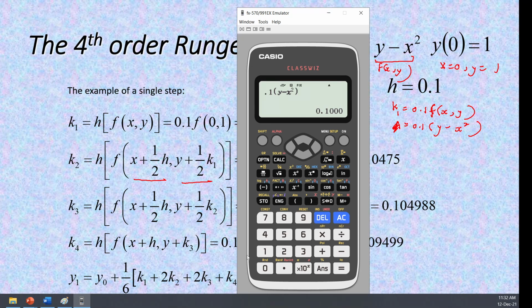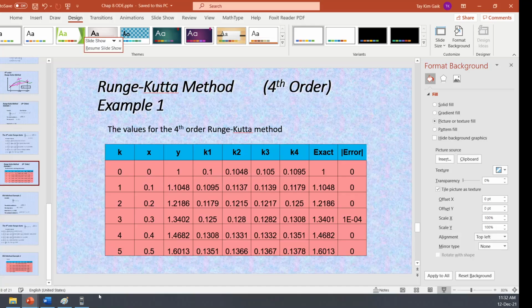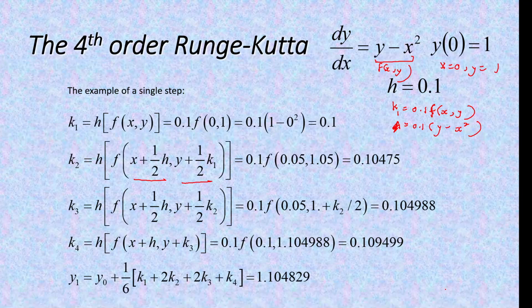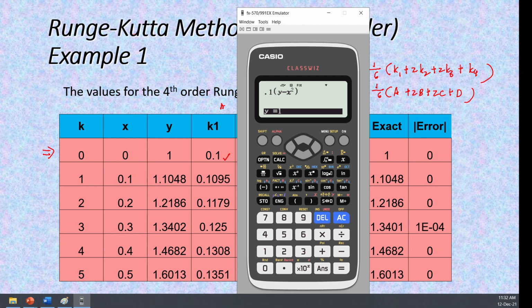I calculate. For k2, y is actually y plus k1 over 2. So y is 1, so you need to place 1 plus k1 over 2. So it's better we look at the table here.